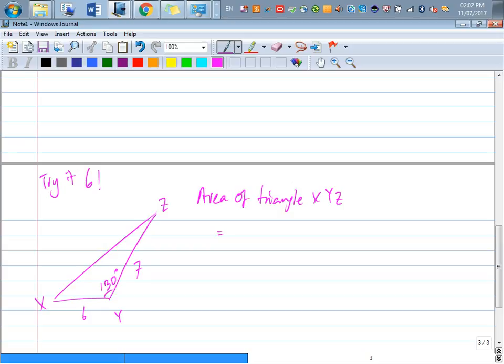Okay, so Wei Hao, tell me what is the area of triangle XYZ. What should we do first? Ali, do you agree?